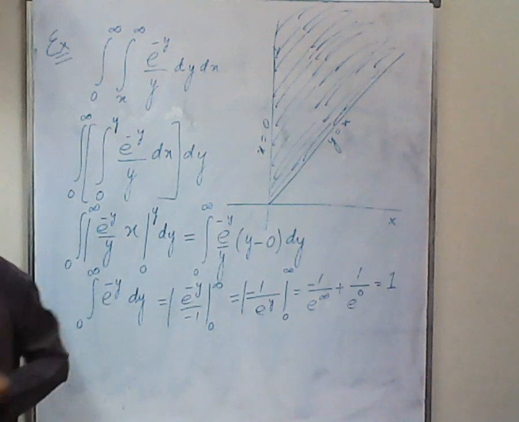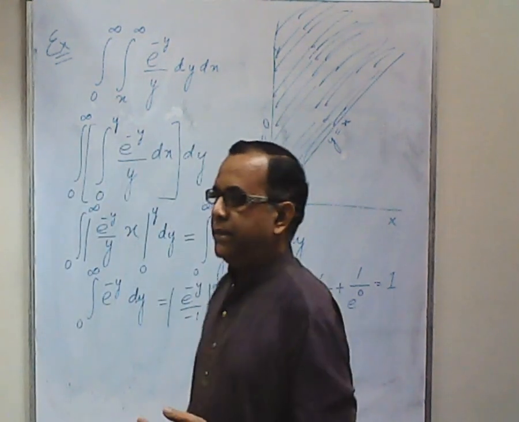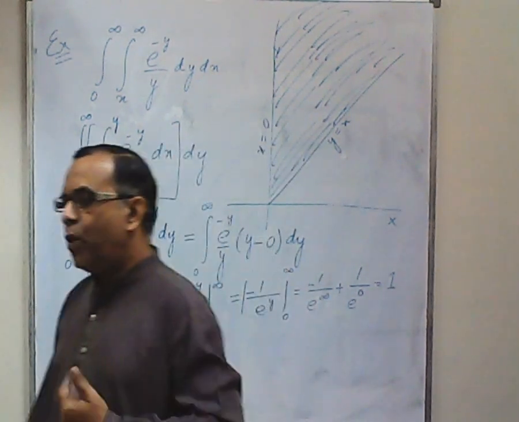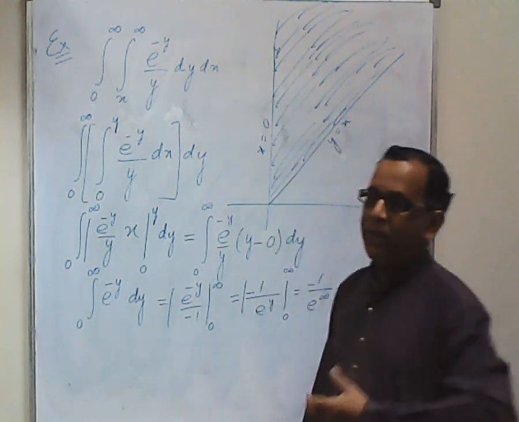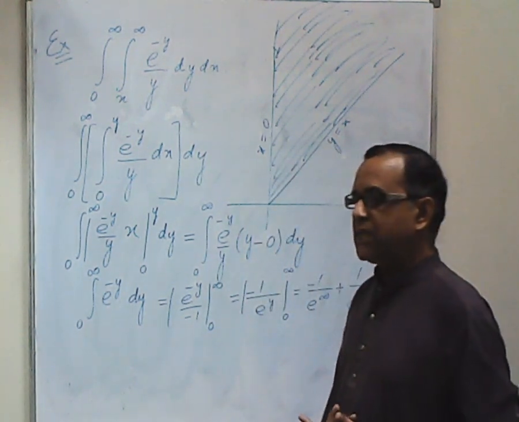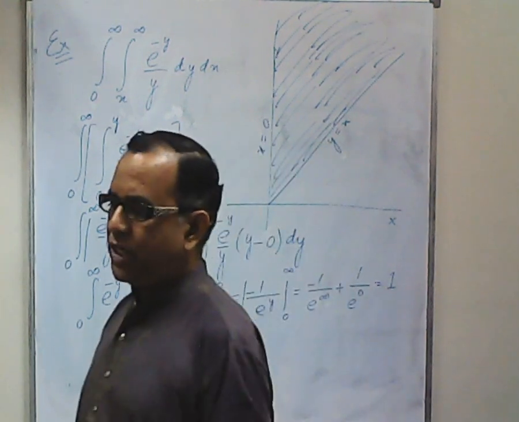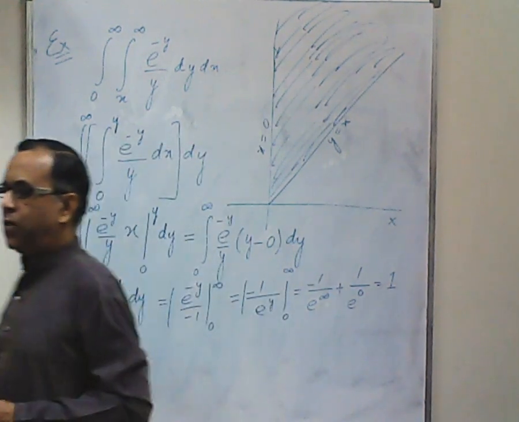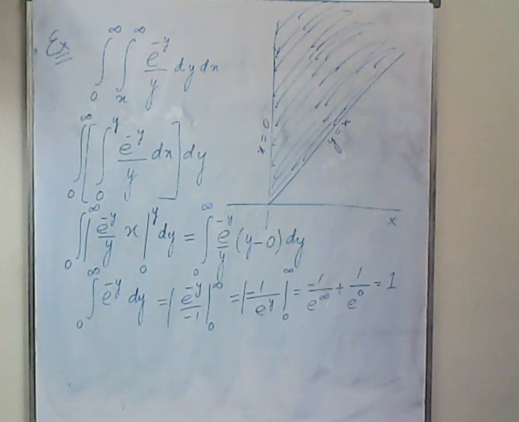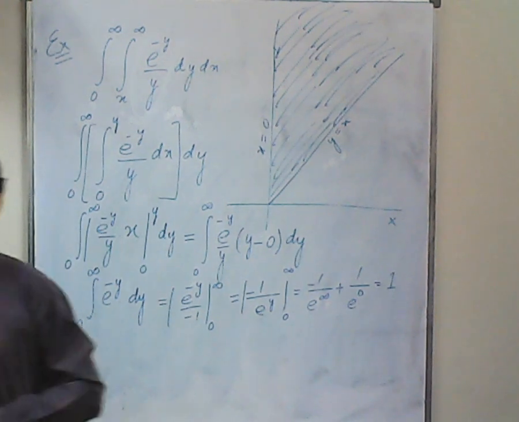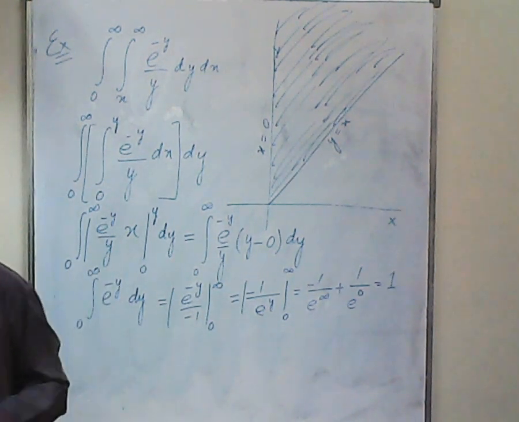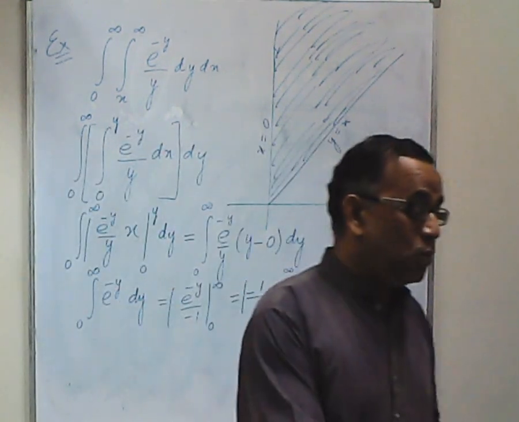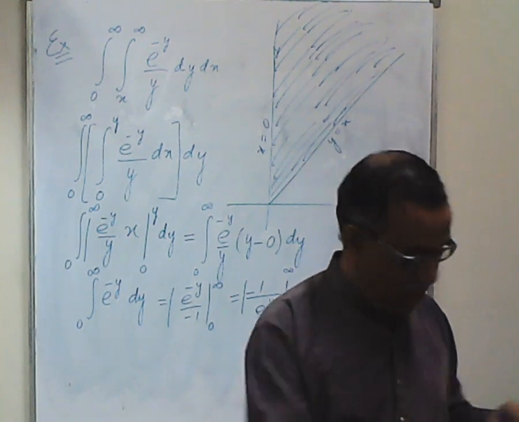That is why I am emphasizing in all these examples that please try to understand which variable is more appropriate to integrate first, x or y, and for that we only need the change in the limits. If you draw the figure, it becomes much easier to understand what the limits of x and y will be in case we are trying to change the order. So this is the example to show you the importance of change of order of integration.